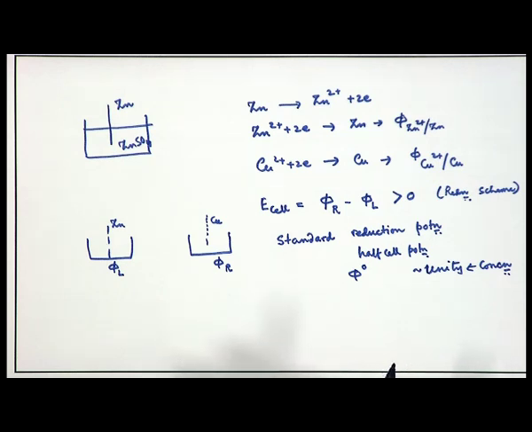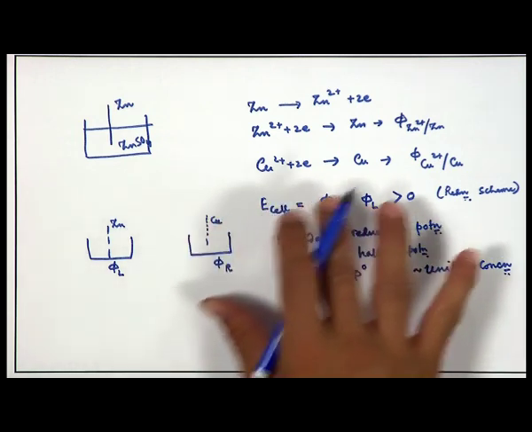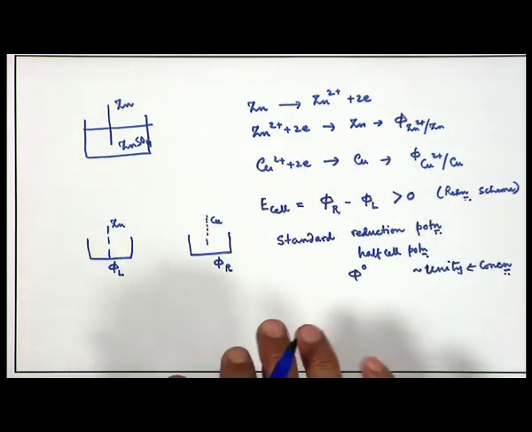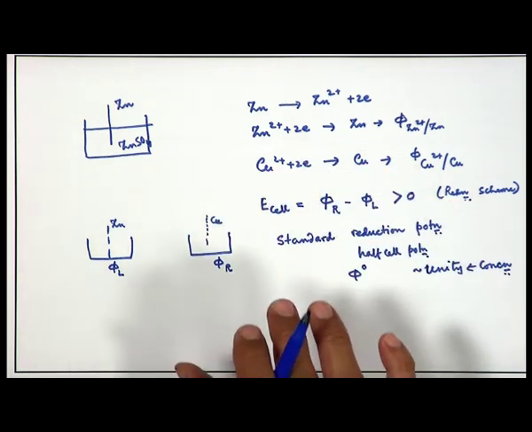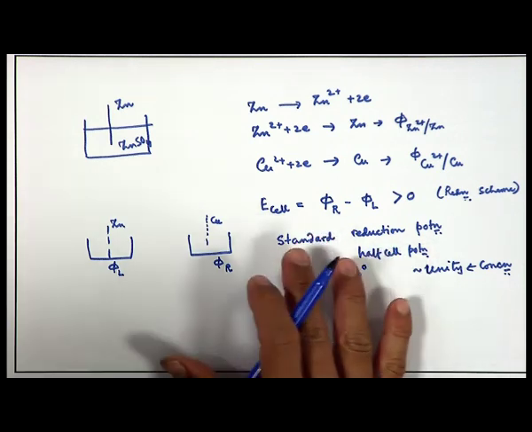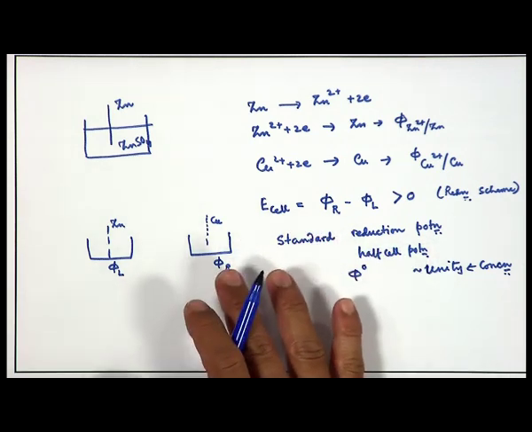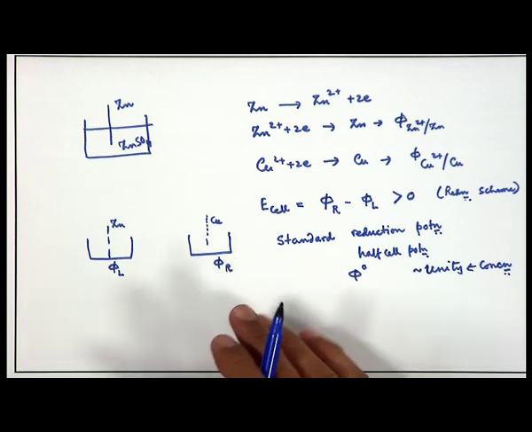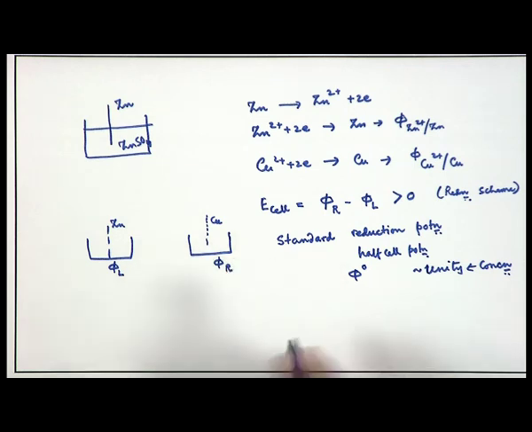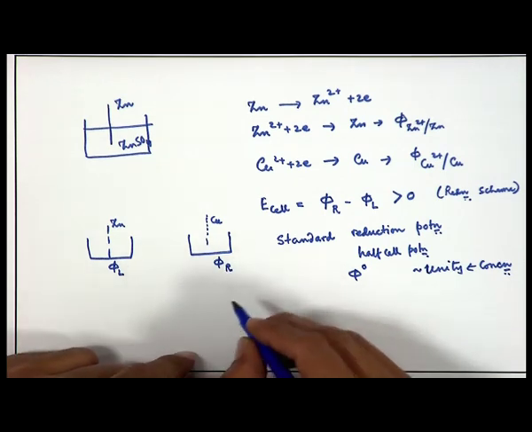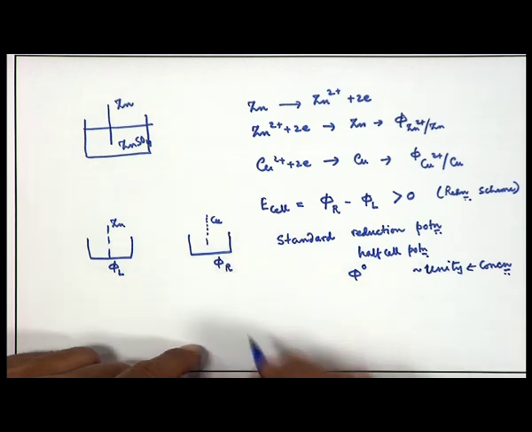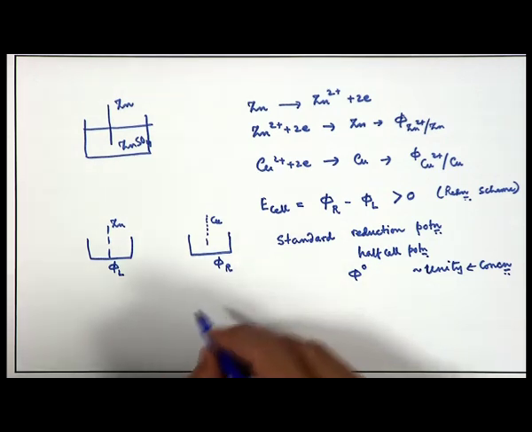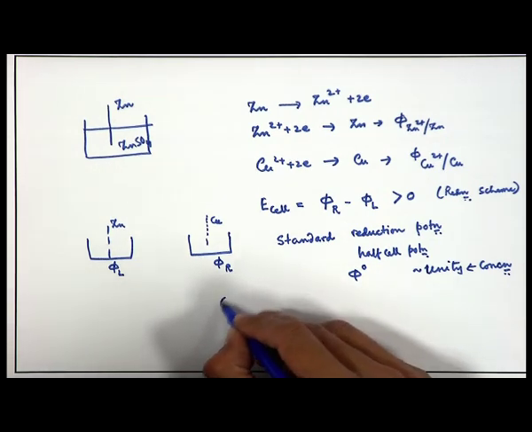If it draws a lot of current, then the reversibility of the process is affected, because whatever we are discussing is based on the condition that the reactions are reversible. Okay. So, in order to maintain the reversibility of the process, you need to draw minimum current. So, therefore, EMF or electromotive force is nothing but the cell potential.